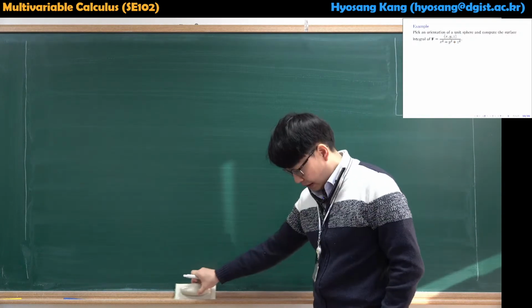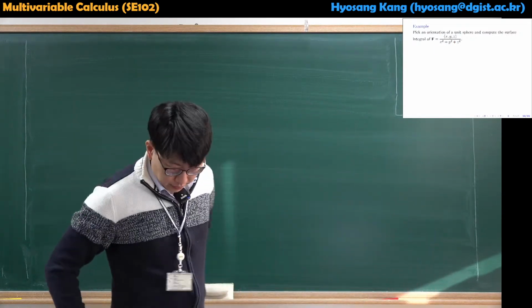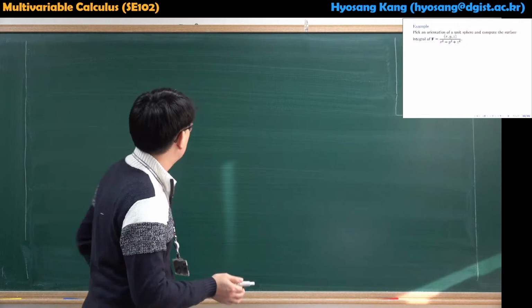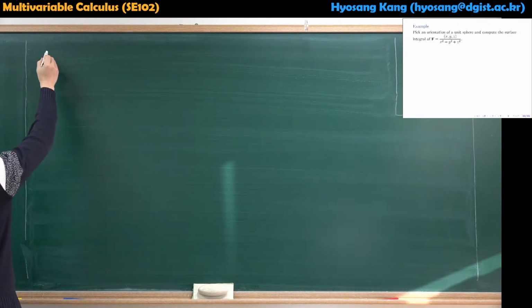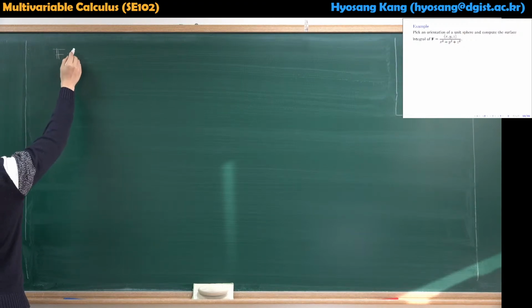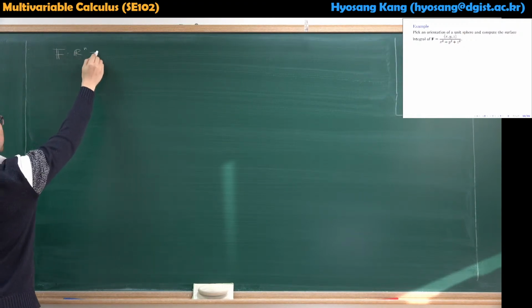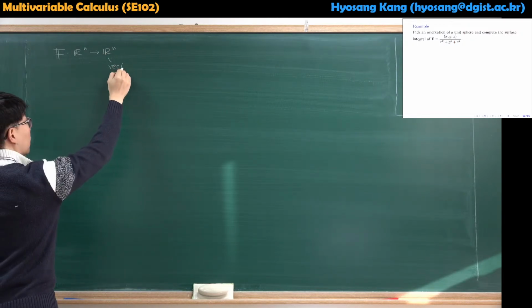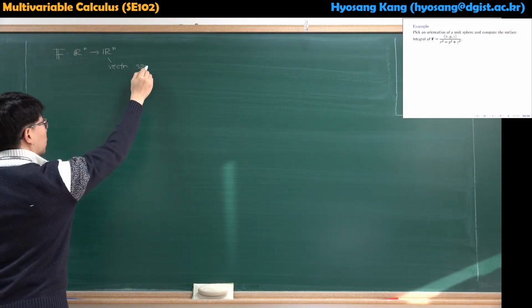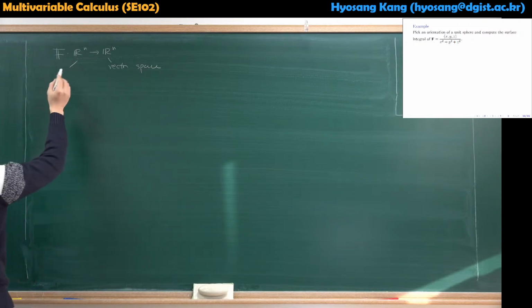Okay, so last time we talked about the line integral and surface integral over vector field. So the vector field is a map which assigns a vector in a vector space to a point in the space.